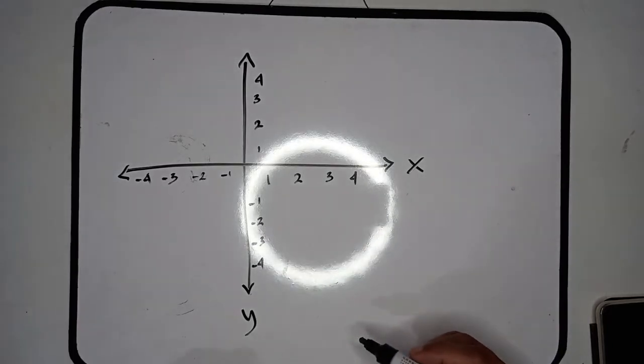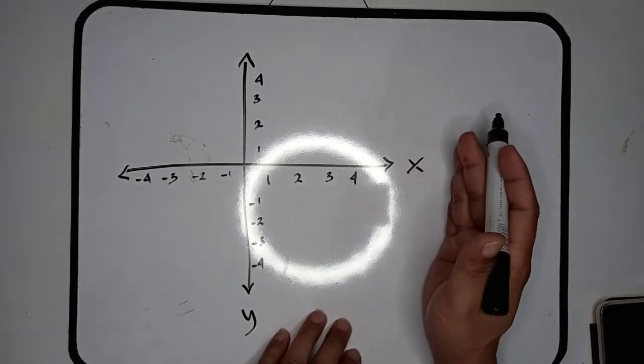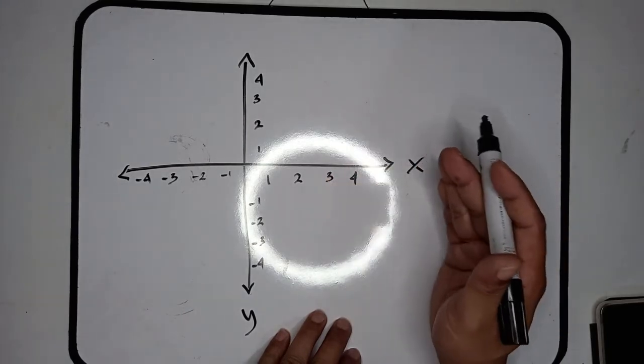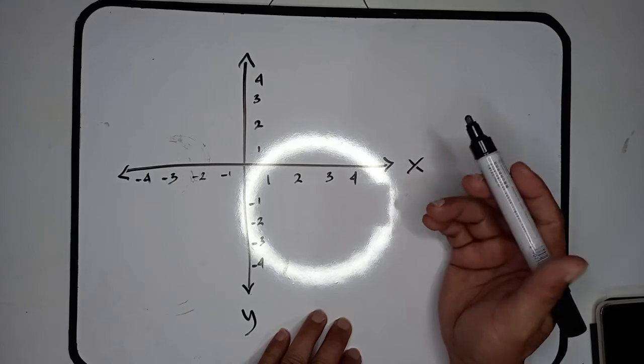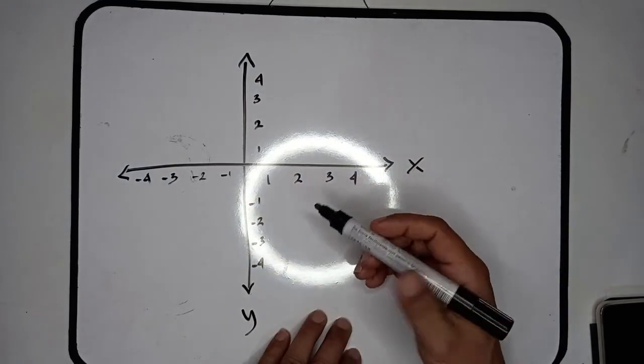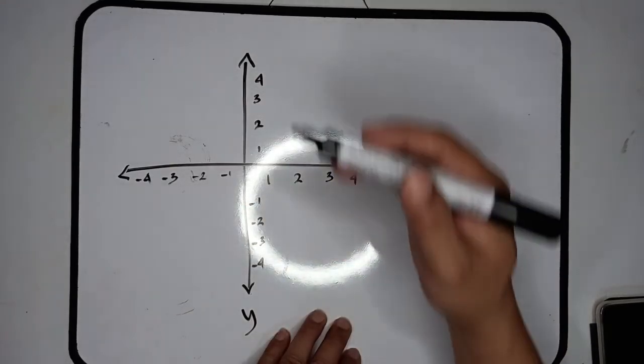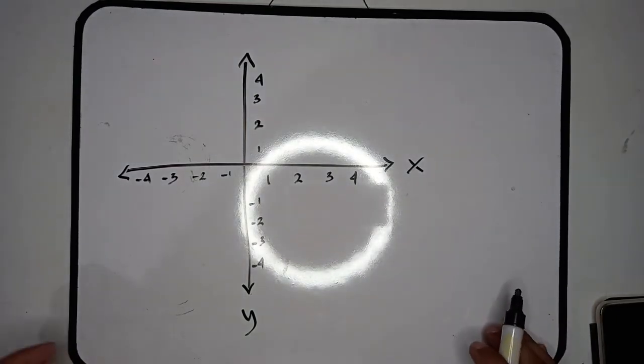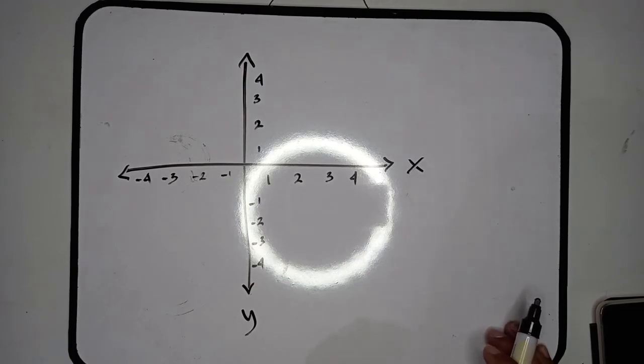Okay, so there you go. So we have positive numbers at the right side of x, and then negative numbers at the left side of x, positive numbers at the top of y, and then negative numbers at the bottom of y.